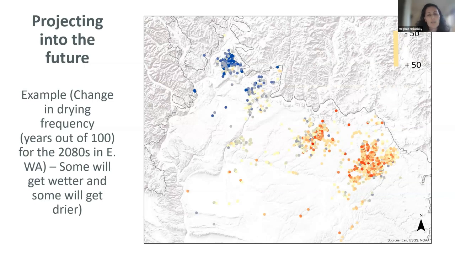This is some work I did in my PhD looking at changes in the hydroperiod with different climate scenarios in the future, and realizing that we have very complex and diverse wetlands across Washington State, which will likely have not just different changes in hydrology, but different directions in hydrology, with some wetlands getting wetter and some getting drier.